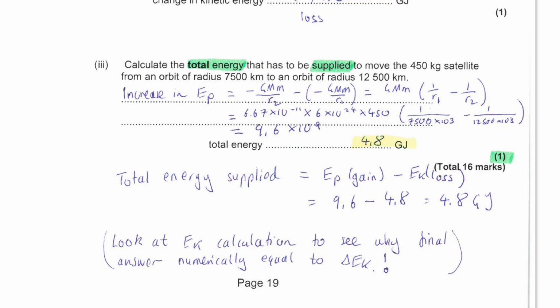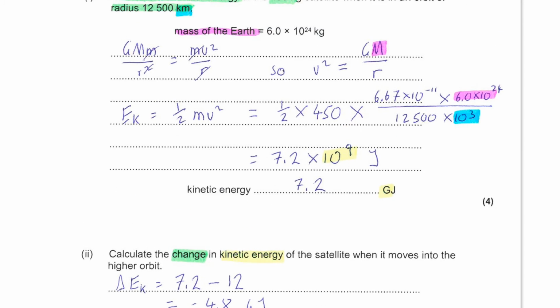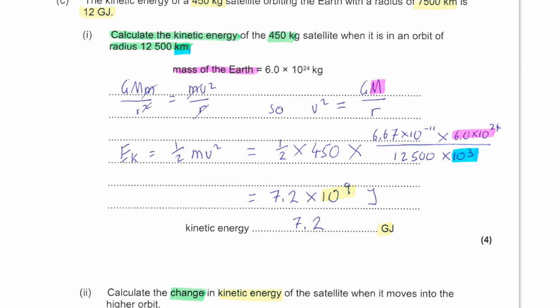So this was our expression for the change in potential energy. Just look at the variables G, M, M, and then we have the brackets and the subtraction here. And if you go back up to the calculation that we had earlier for kinetic energy, you will see that the kinetic energy has the term mv squared in it, but v squared was GM divided by r.